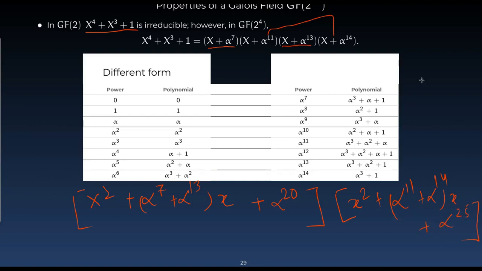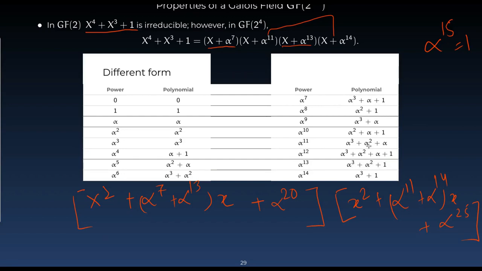As we already know that alpha^15 is going to be 1, and we can utilize this table here to reduce it. So alpha^25 will be equal to alpha^10, and alpha^20 will be equal to alpha^5. Similarly, alpha^7 plus alpha^13: alpha^7 is alpha^3 + alpha + 1, and alpha^13 is alpha^3 + alpha^2 + 1.